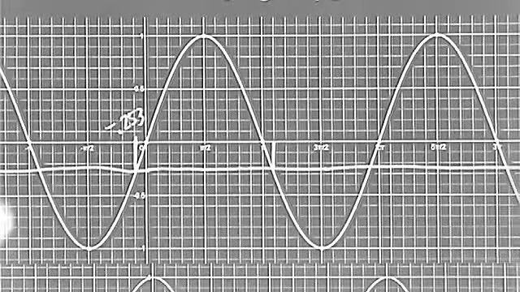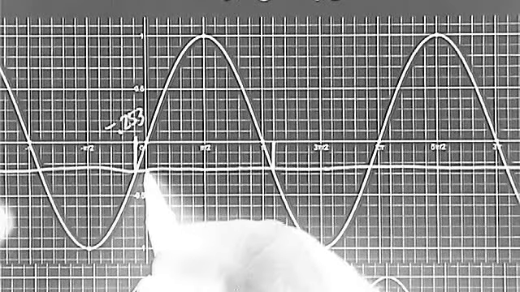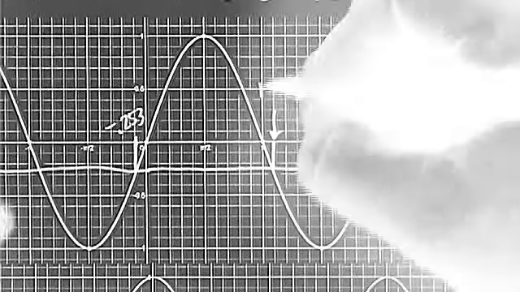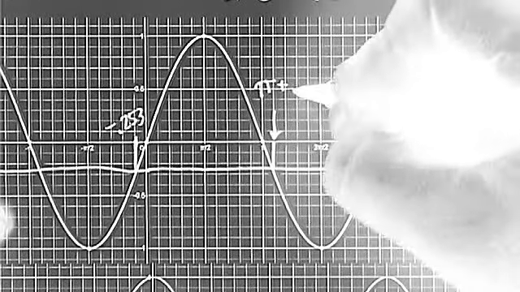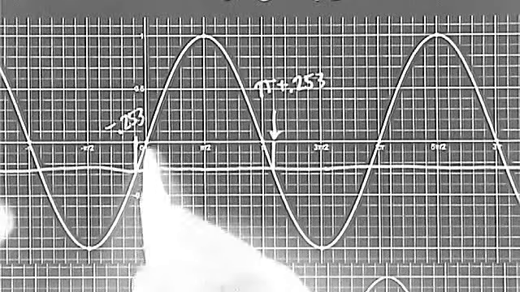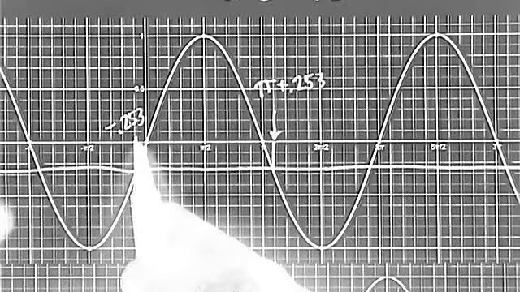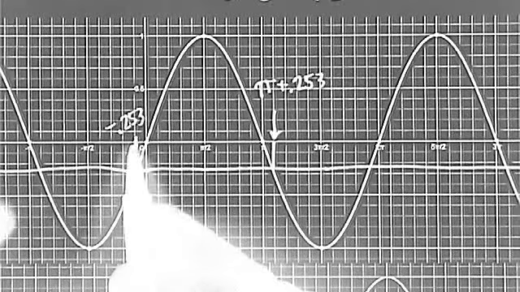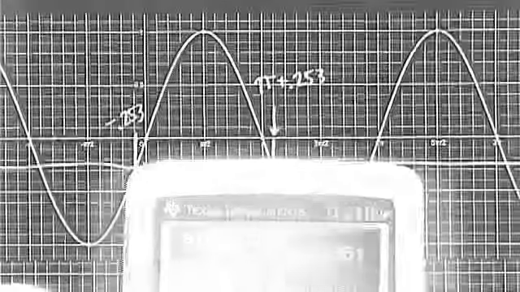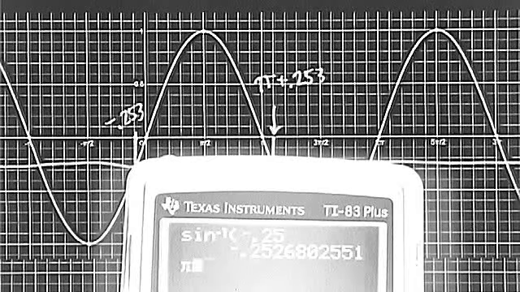Now, how could I use that to tell me what this one is? Well, this one has to be pi plus 0.253, because that's the distance from 0 to negative 0.253. That's only 0.253 units. So this one, a little bit larger than pi, has to be pi plus 0.253.